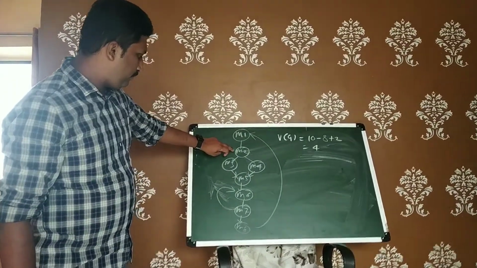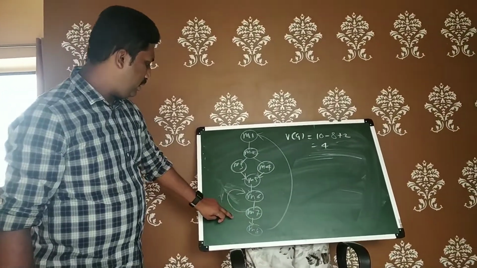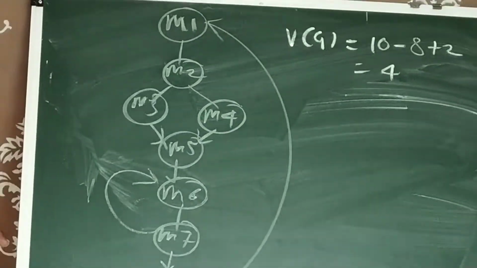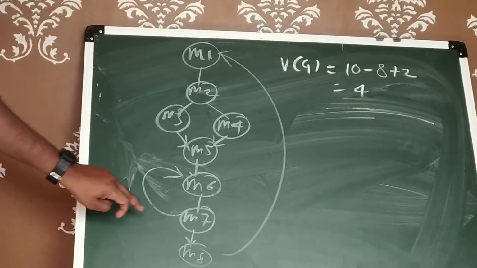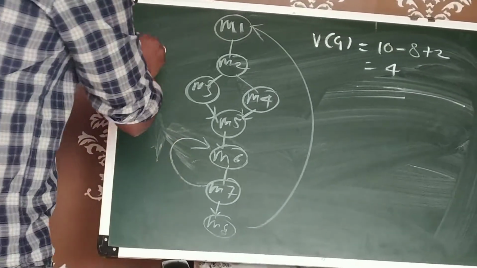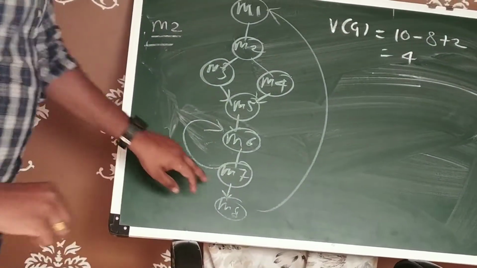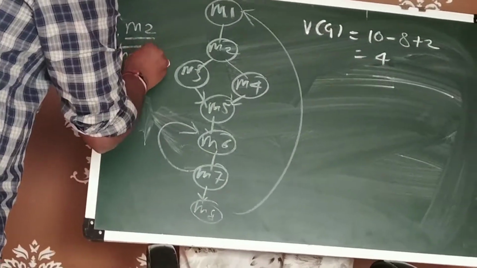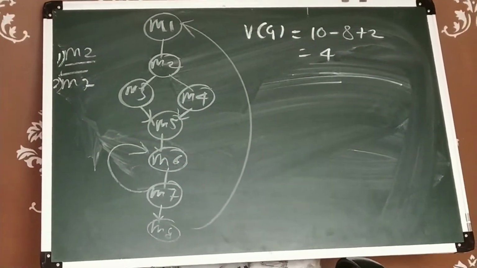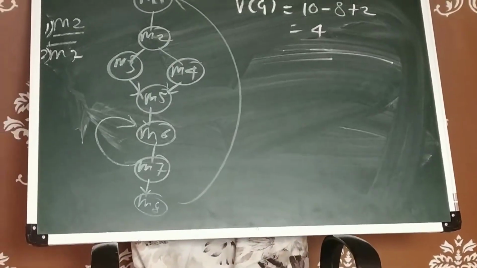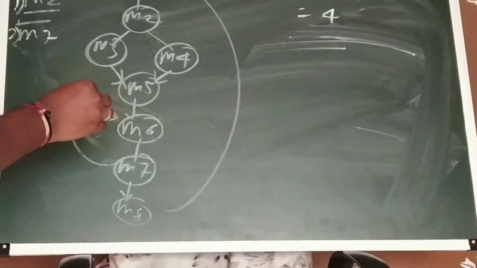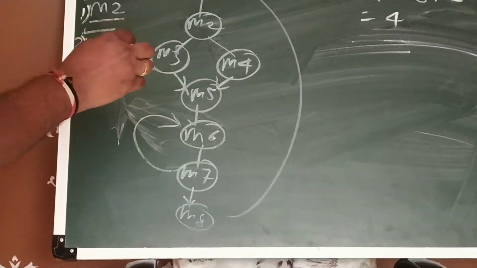So M2, M7, and M5 is giving you another.